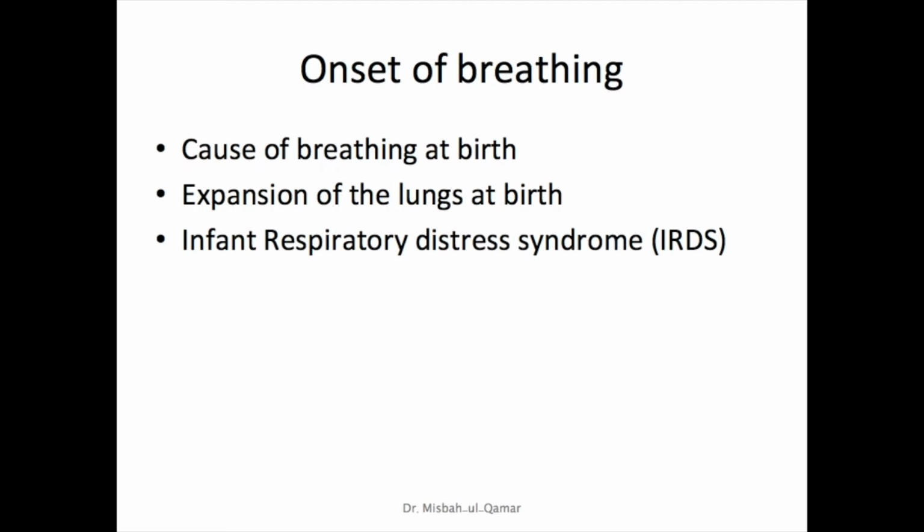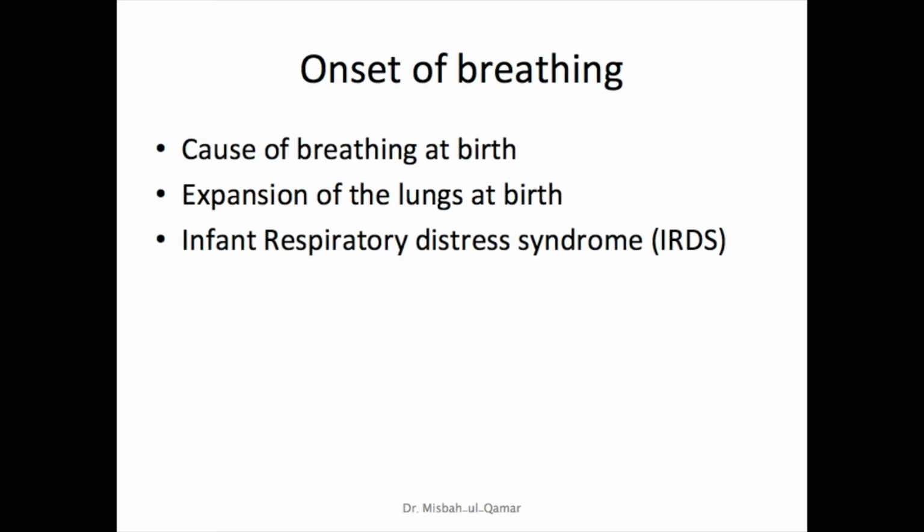Now, if we focus on the fetal lungs, you should know about the pulmonary vascular resistance, that is, the resistance offered to the blood flow through the pulmonary vascular bed. This resistance is very high in the fetus because of the non-functioning of fetal lungs.